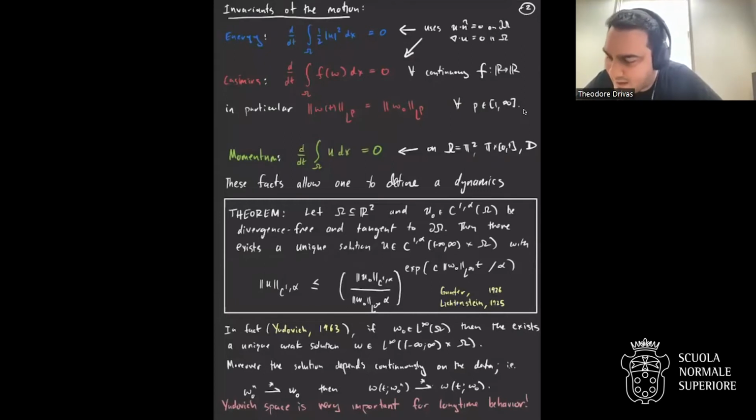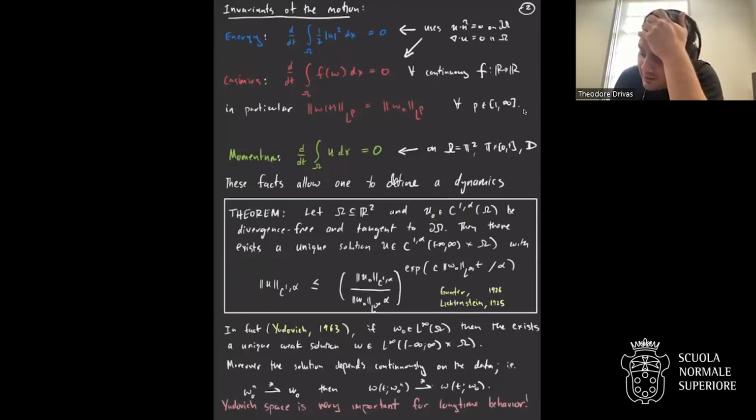So these facts essentially allow you to say that the 2D Euler equation predicts globally the motion of the fluid. In particular, you have this classical theorem that says if your velocity is, say, C^{1,alpha} regular, then there's a unique C^{1,alpha} solution for all time. But the norm in this space can grow at most double exponentially.